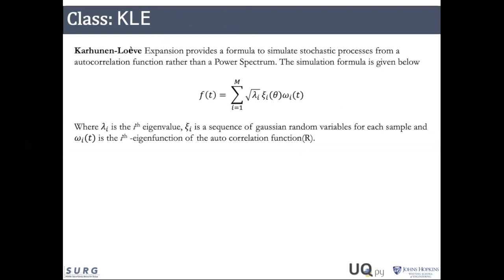The methods we have seen so far, SRM and BSRM, deal with information in the frequency domain rather than the time domain, but KLE uses the information contained in the time domain for the generation of samples. This is the formula for the generation using KLE, where lambda_i is the ith eigenvalue and omega_i is the ith eigenfunction of the autocorrelation function R.